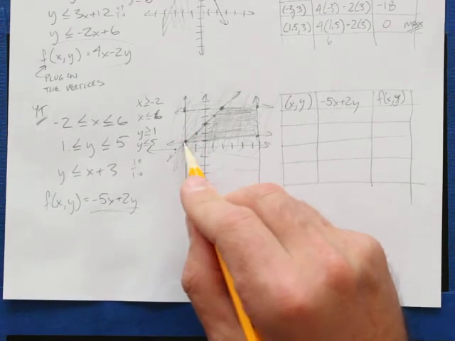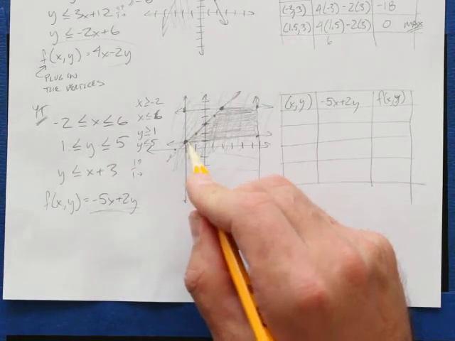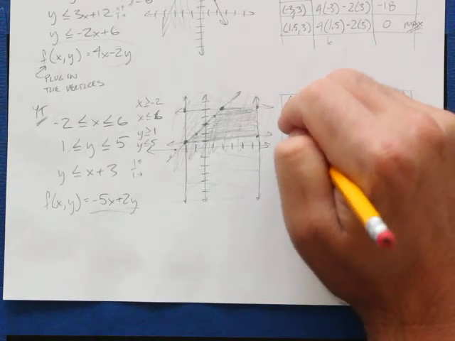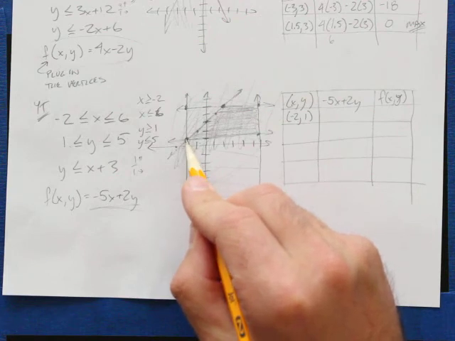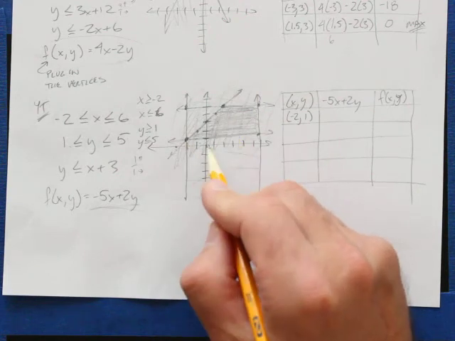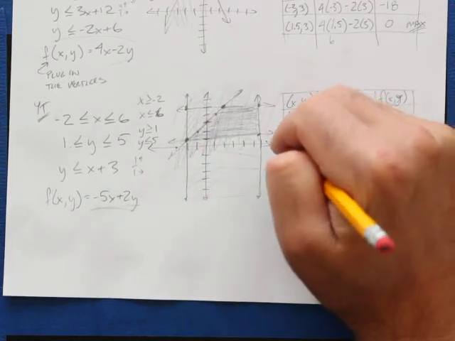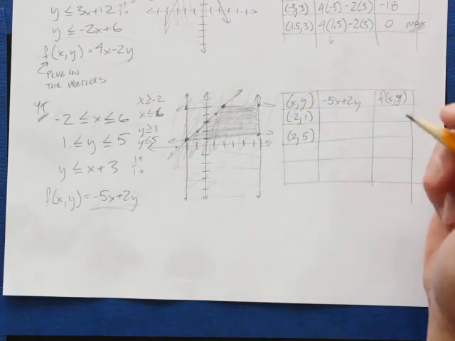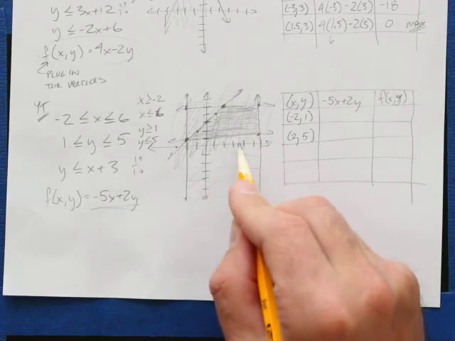So we are going to have 4 vertices. And one of them is going to be right here, and that is negative 2, 1. So I've drawn this well enough that I can see where these vertices are. This one here is negative 2, 5. And then I've got these two over here, 1, 2, 3, 4, 5, 6.